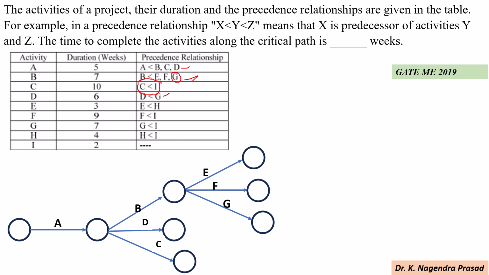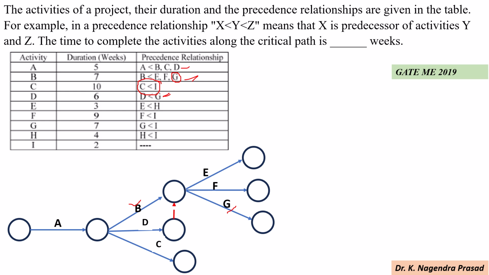Here it is representing that activity G will start after completion of B only. But G will start after completion of D and B. So draw a dummy activity like this.